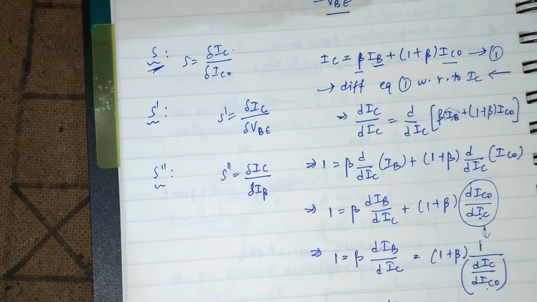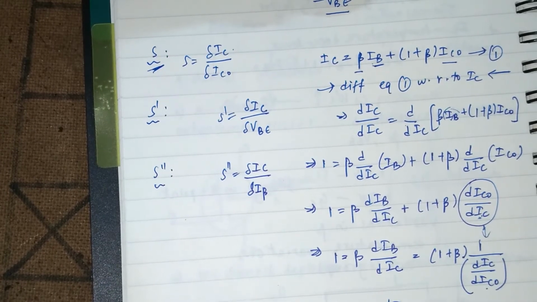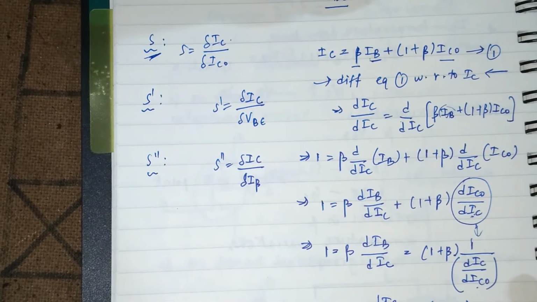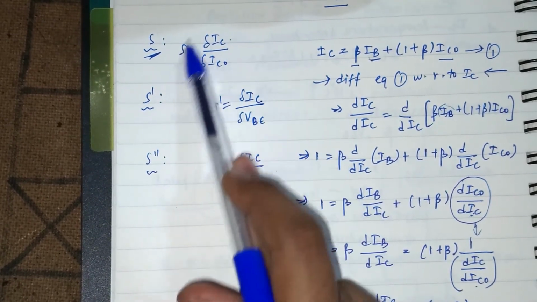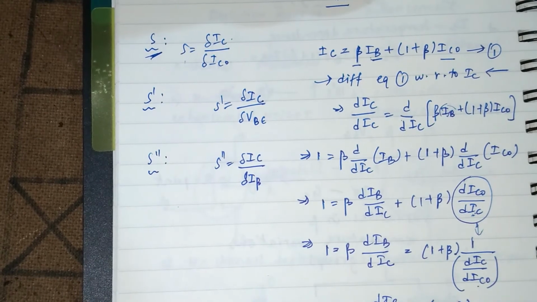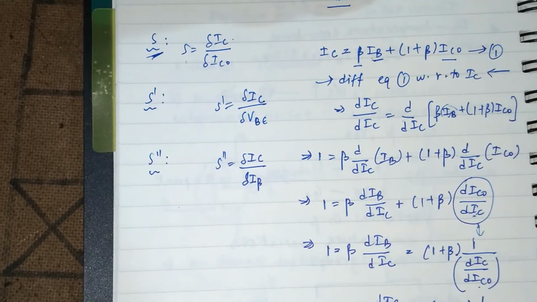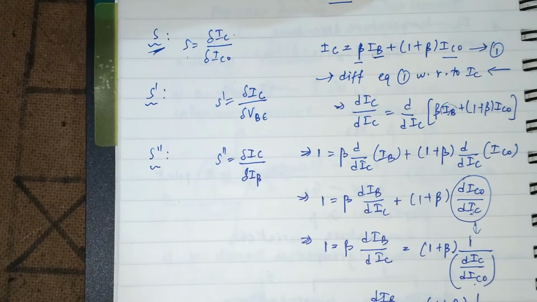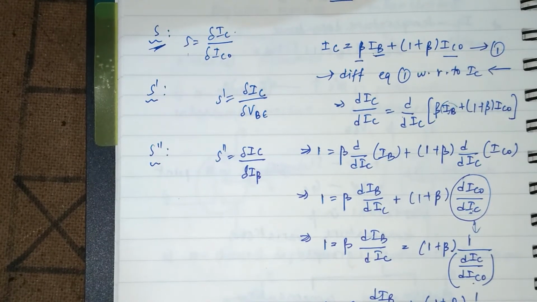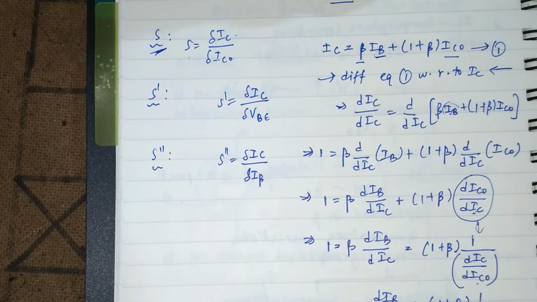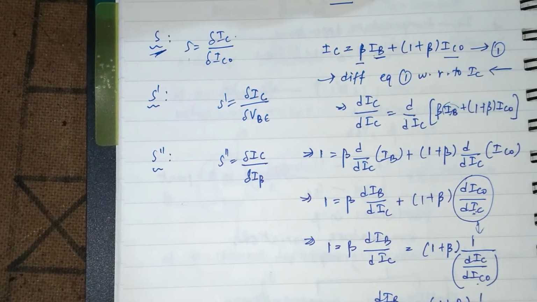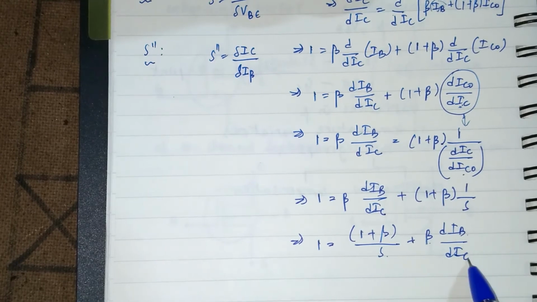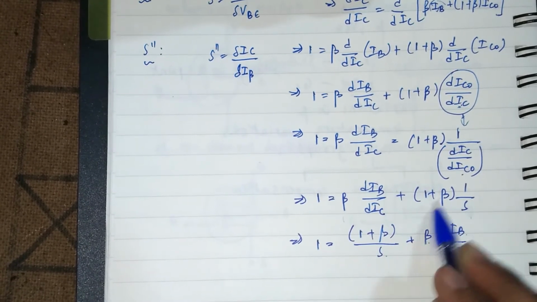We know that dIC by dICO is the stability factor S, so this value is equal to 1 by S. So we can write 1 is equal to (1 plus beta) by S plus beta into dIB by dIC.